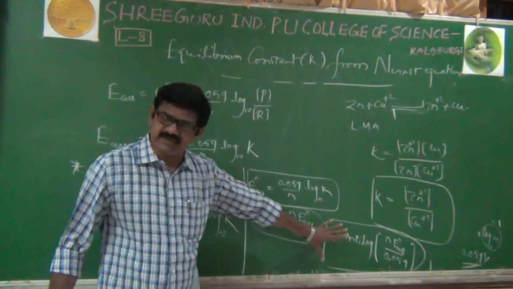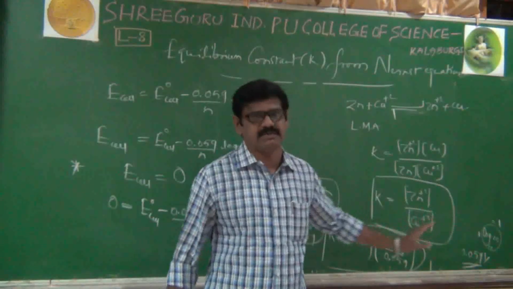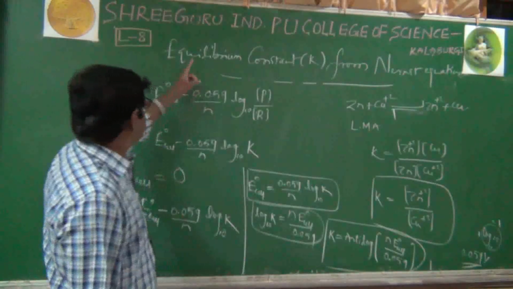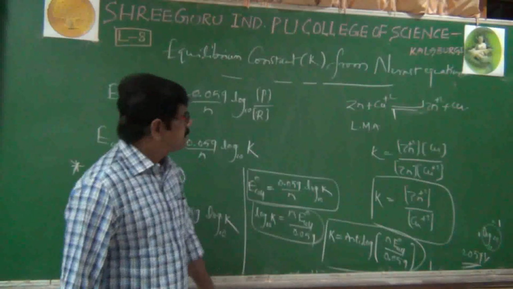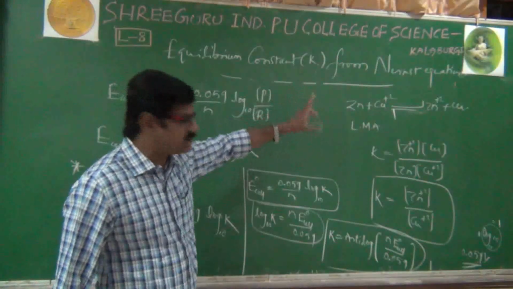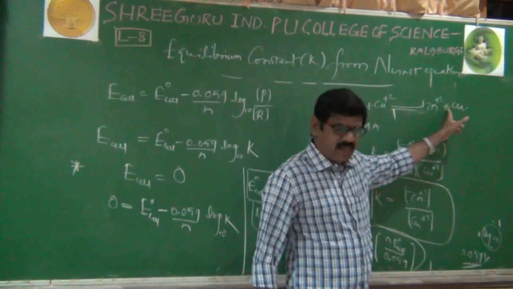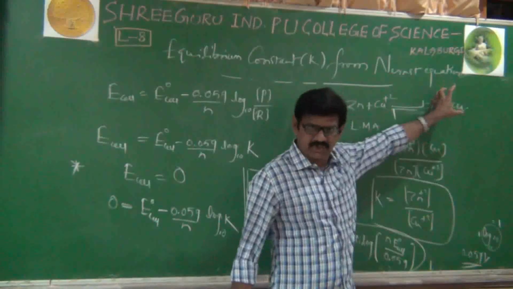And based on this formula, many times in theory exams as well as in competitive examinations, questions are asked. See here once again, equilibrium constant from the Nernst equation. Then we are applying this to the Daniell cell first of all. The Daniell cell net cell reaction we have taken. In that, these two are the reactants and these two are the products. This is already known to you.